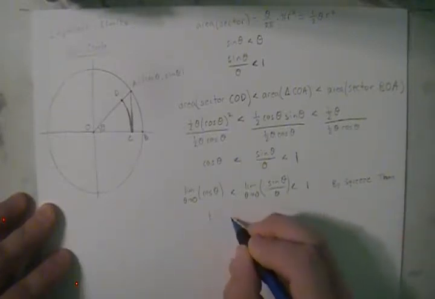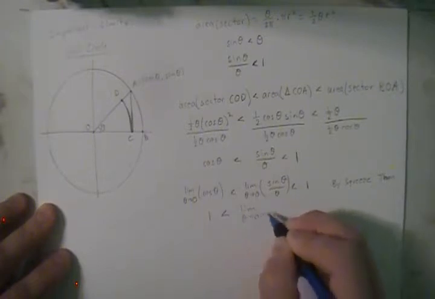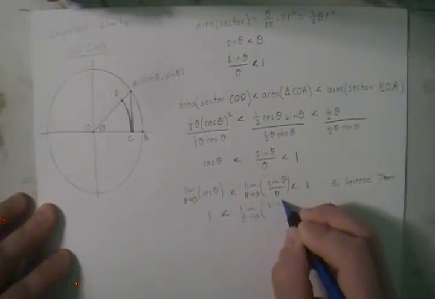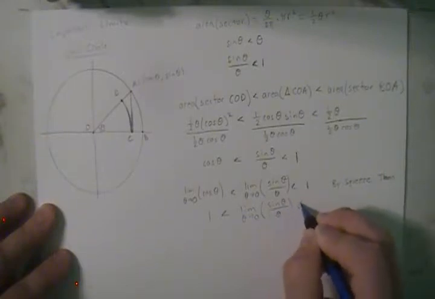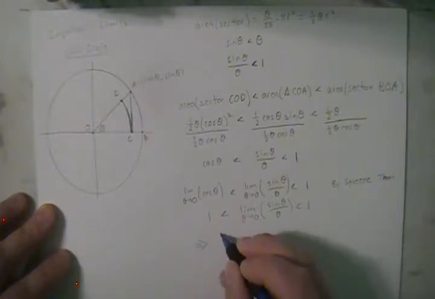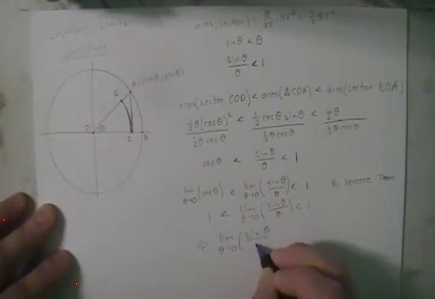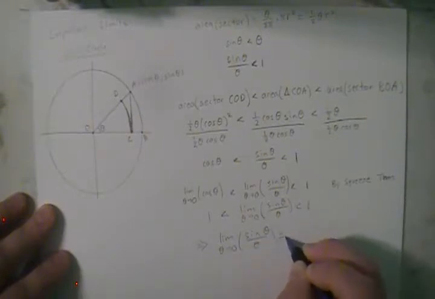And I know this is 1 is less than the limit as theta approaches 0. So this implies that the limit as theta approaches 0 of sine theta divided by theta is equal to 1.